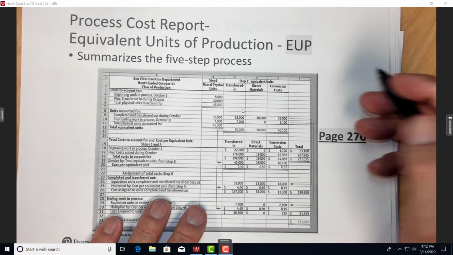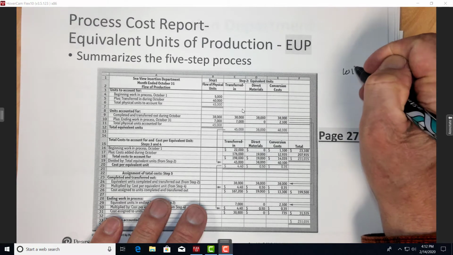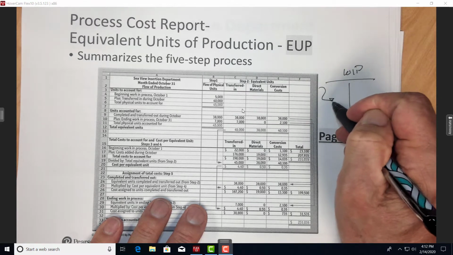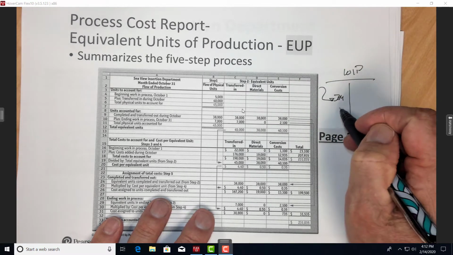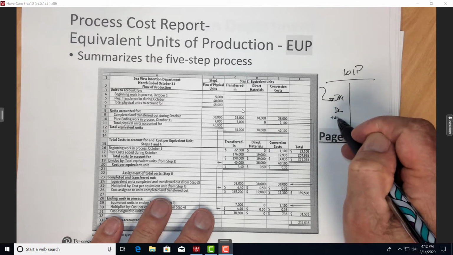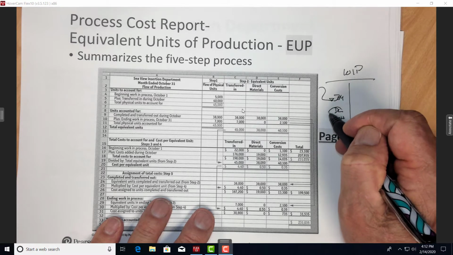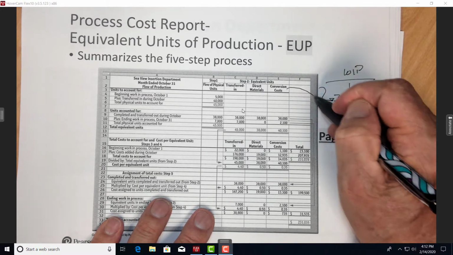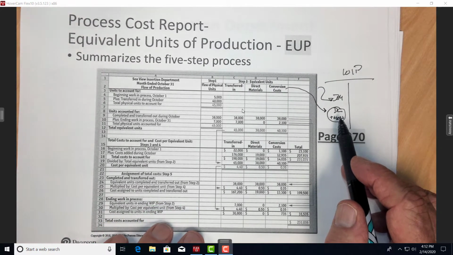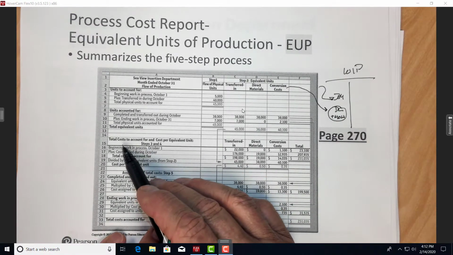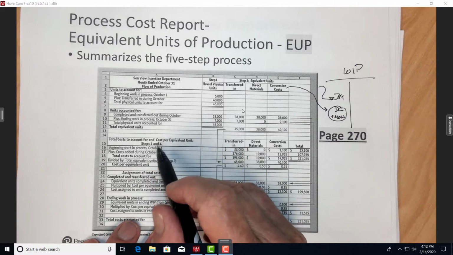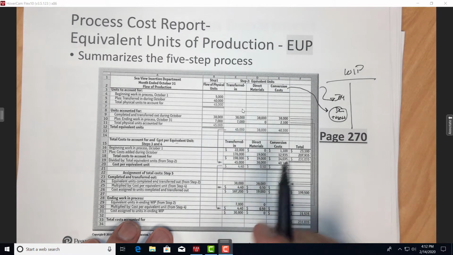Remember, work in process is the inventory account, and conversion cost is the direct labor plus the manufacturing overhead, and we will just talk about conversion cost and not have to worry about the manufacturing overhead. Steps 3 and 4 take the physical units which you calculate here, and we'll account for the cost per equivalent unit.